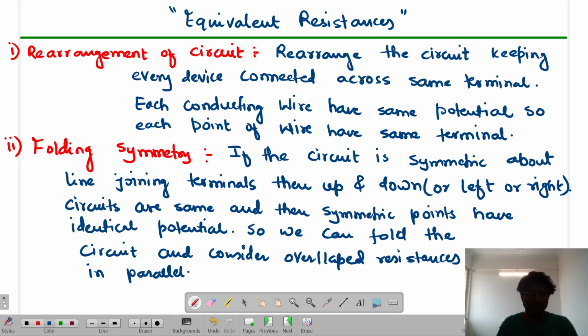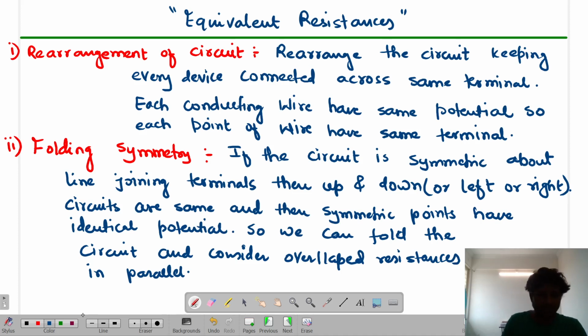If they have the same potential, you know that the overlapping resistances can be easily considered in parallel. Are you able to get me or not?